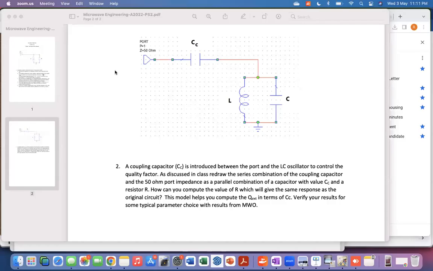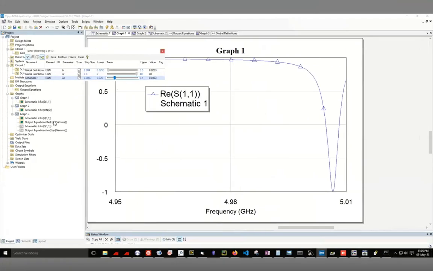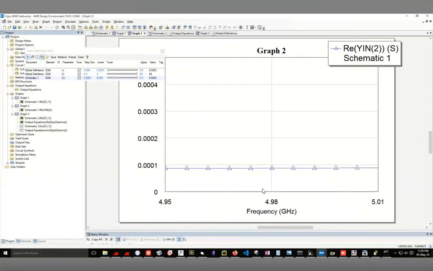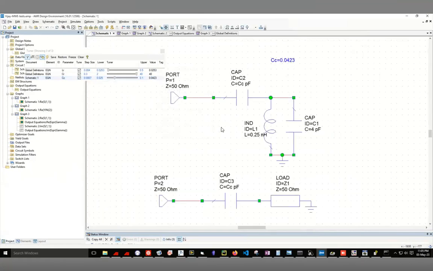There I was doing the full calculation, which is this. Let me show that again, which is basically this Y in of 2, that calculation. Because it's saying I'm looking at this circuit, which is a series C and a series R, and I'm going to look at the input admittance and the real part of that.